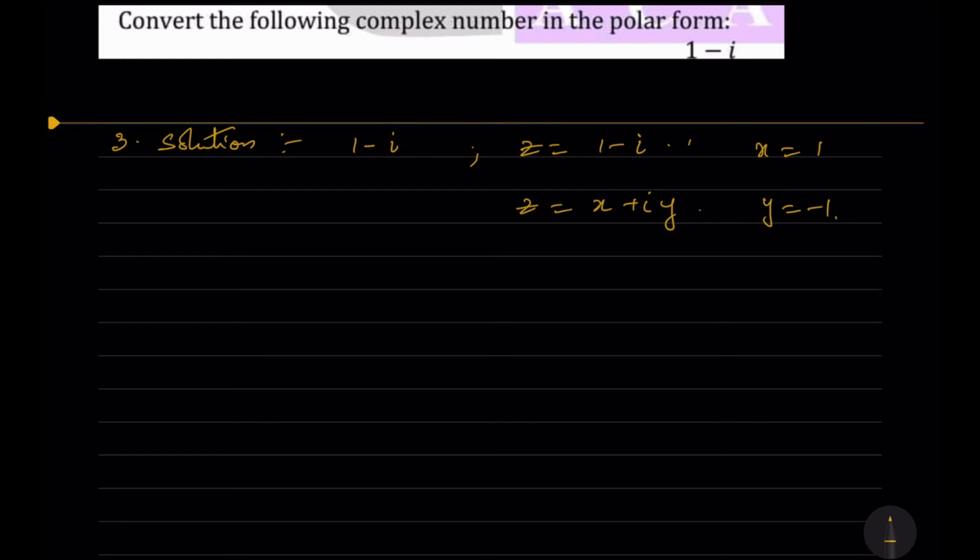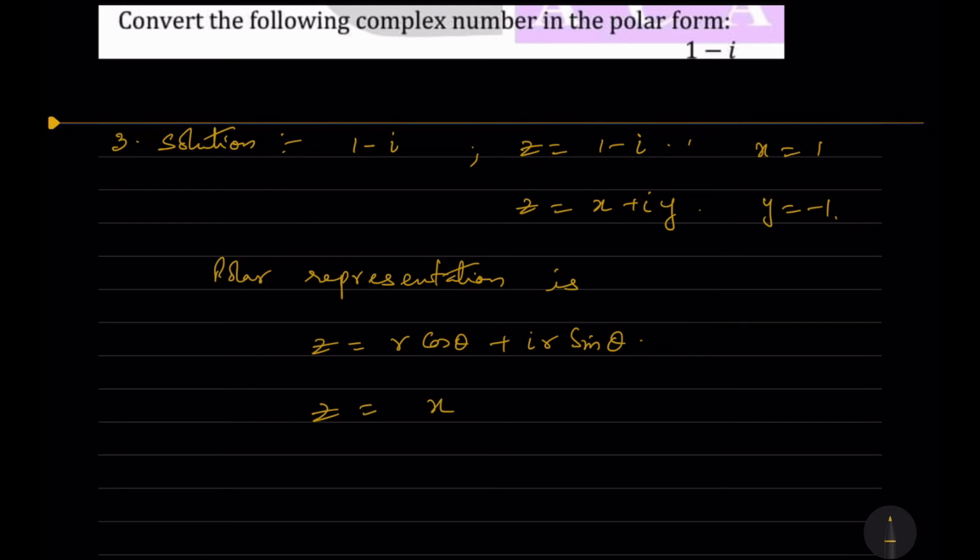So then the polar representation is z is equal to r cos theta plus ir sin theta. Now when we are comparing it with the general form x plus iy of the complex number, we have r cos theta is equal to x, r sin theta is equal to y.